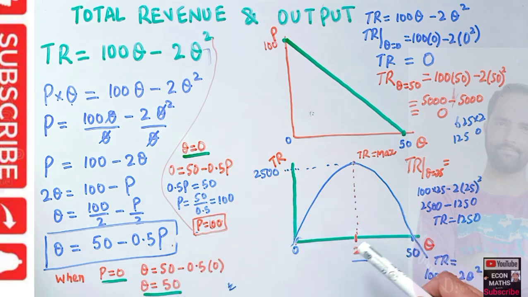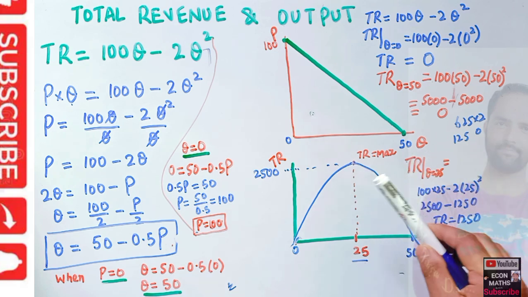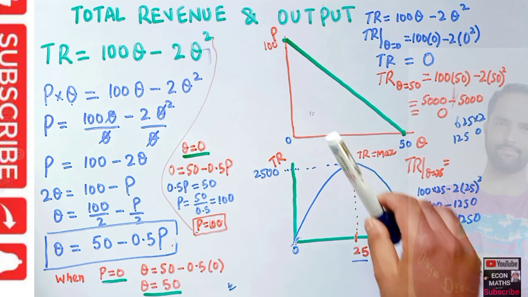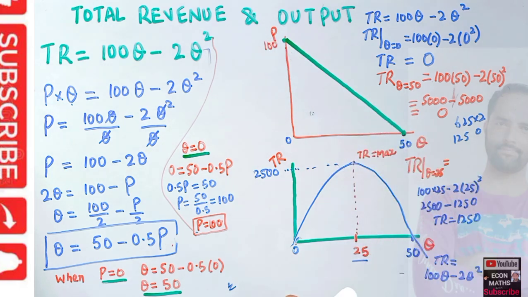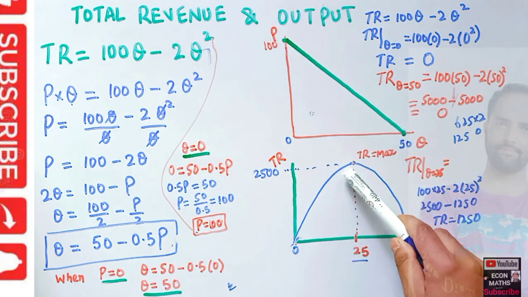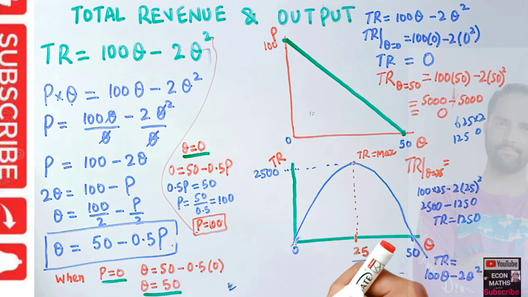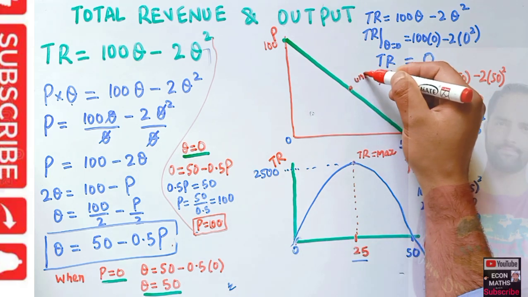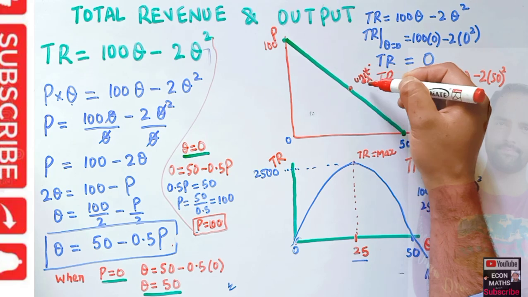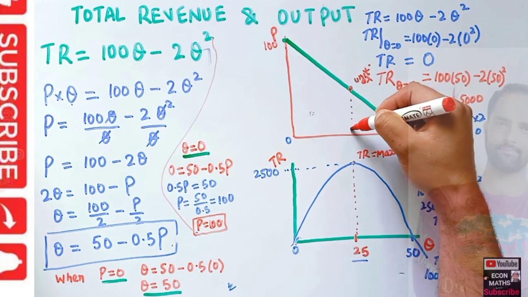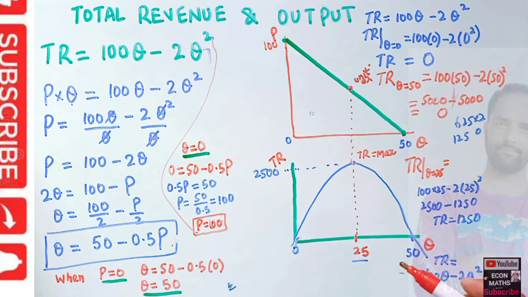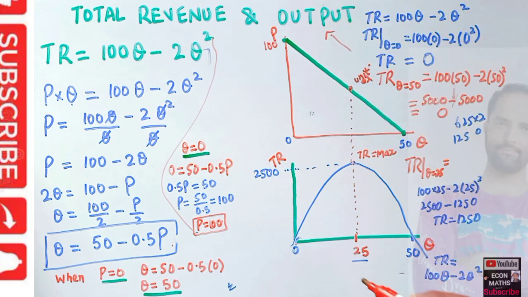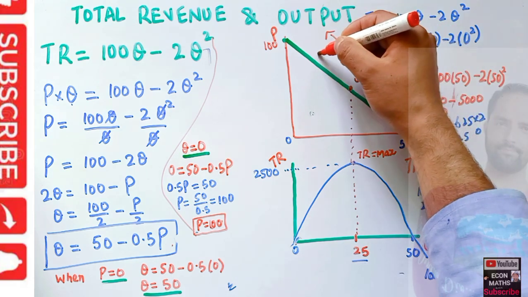The relationship between total revenue and output depends upon the demand function. First our total revenue increases, and if I show it on this axis, when our demand function is unit elastic, that means at the middle of the demand function, our total revenue is maximum, and to the left of the unit elastic point we have elastic demand.